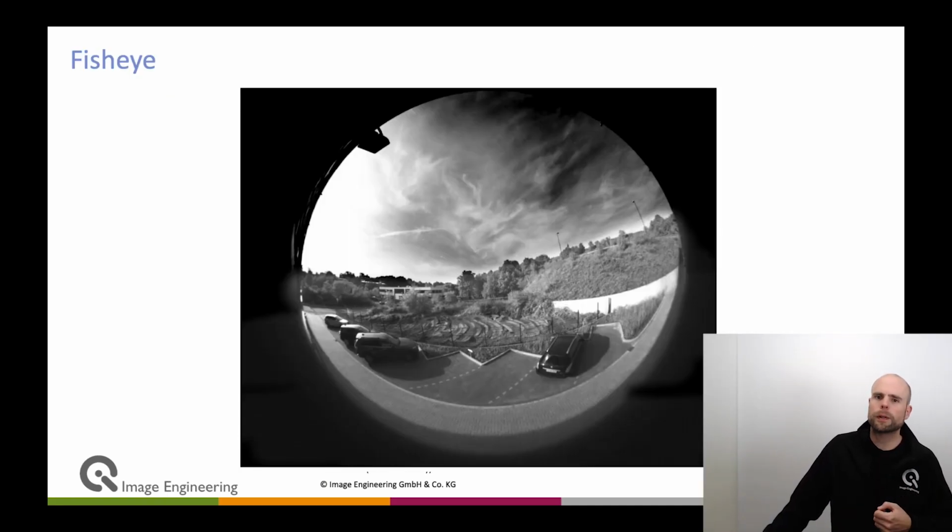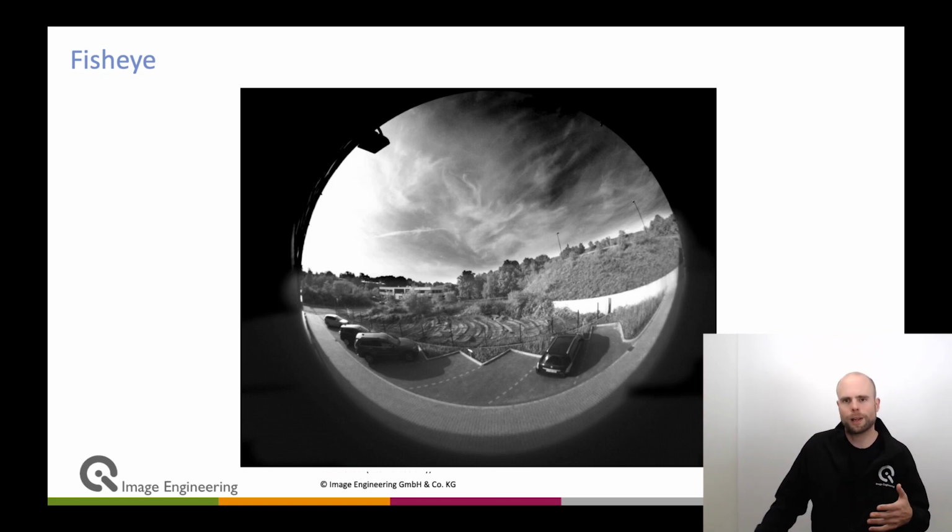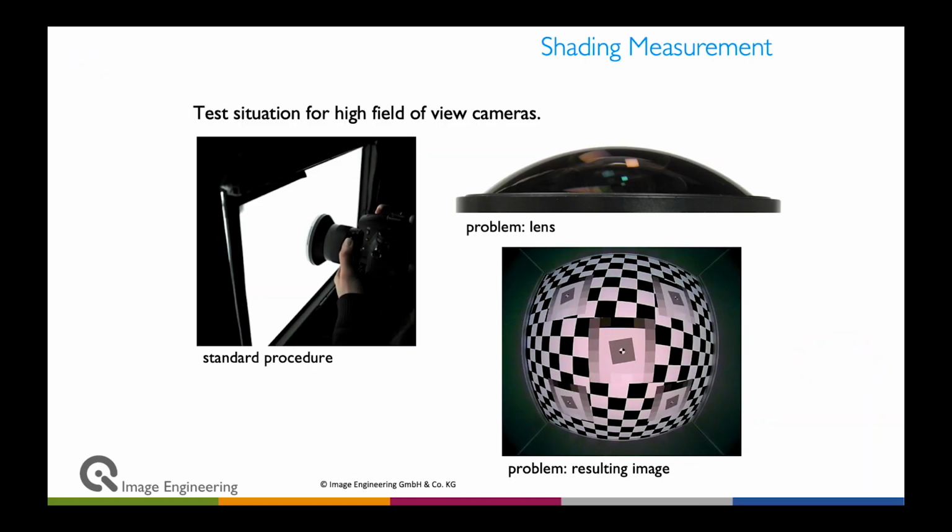One particular problem that you might face with some types of cameras is with fisheye cameras. You see here fisheye security camera footage. You see the entire wall of the building. This is a 180-degree field of view, and it is just logical, or optical, that you cannot use a flat diffuser with such a camera.